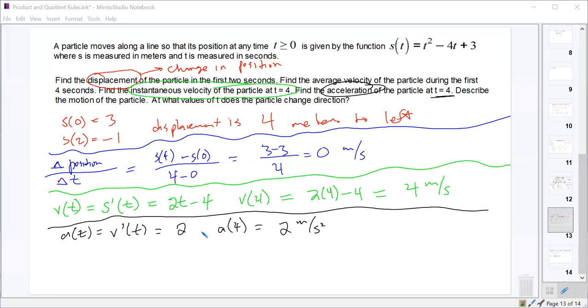All right, next thing. If we want to know what the motion of the particle looks like and when it changes direction, how are we going to figure out when it changes direction? The derivative shouldn't exist. It shouldn't exist when it changes direction, you mean?